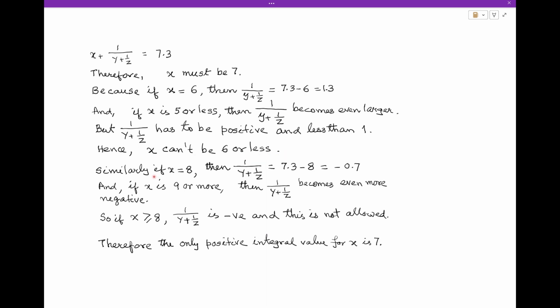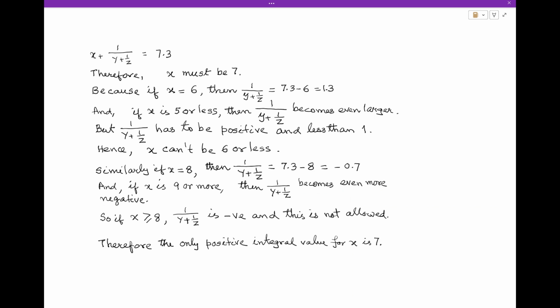Similarly, if x is 8, then 1 divided by y plus 1 by g is equal to 7.3 minus 8, and that is negative 0.7. And if x is 9 or more, then it becomes even more negative.